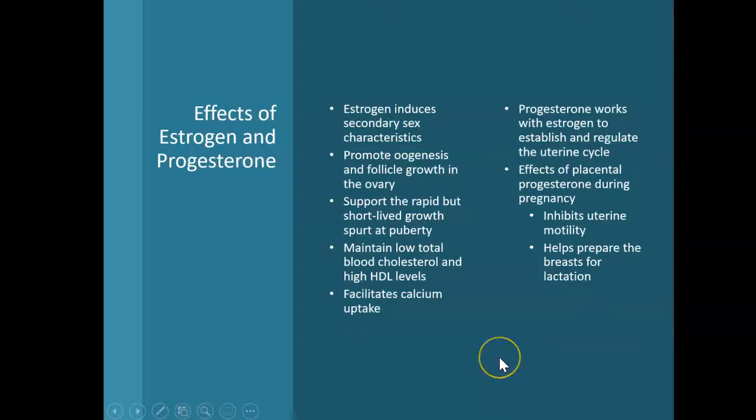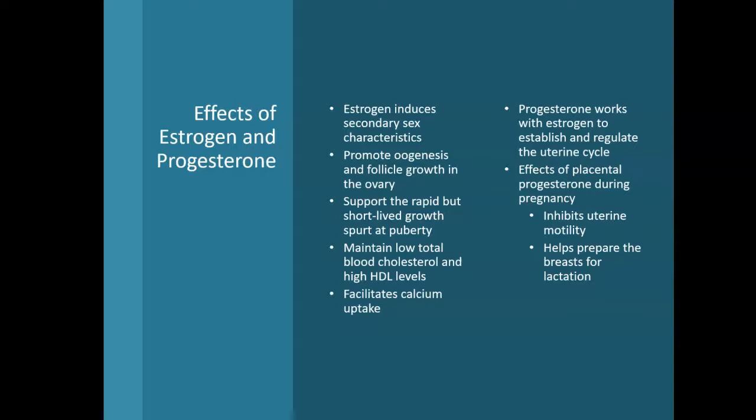The effects of estrogen and progesterone in general. So estrogen induces secondary sex characteristics. It promotes oogenesis and follicular growth in the ovary. It supports the rapid but short-lived growth spurts at puberty. It maintains low-level blood cholesterol and high HDL levels, and it helps facilitate calcium uptake.